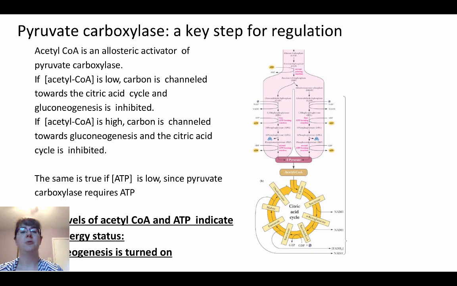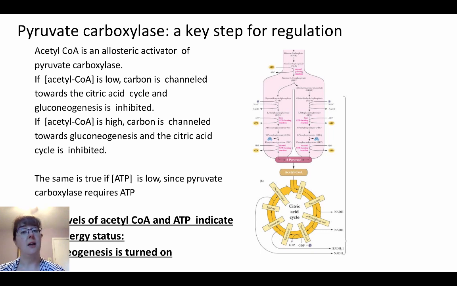You're going to see the same general notion of gluconeogenesis being activated if ATP is high, but gluconeogenesis will be inhibited if ATP is low. And this is that same general notion because pyruvate carboxylase is going to require ATP. So again, if we have enough of that high energy signal, we can get started in this anabolic reaction of creating glucose.